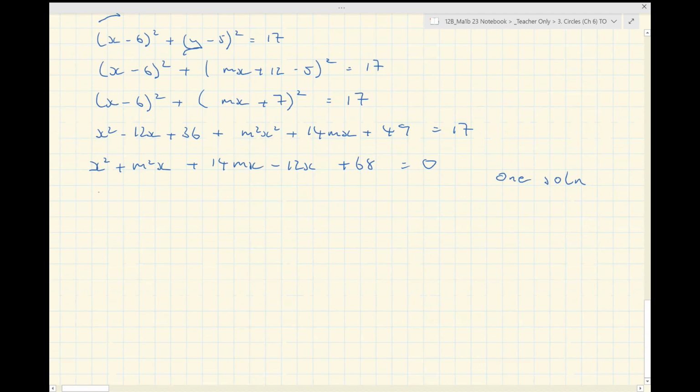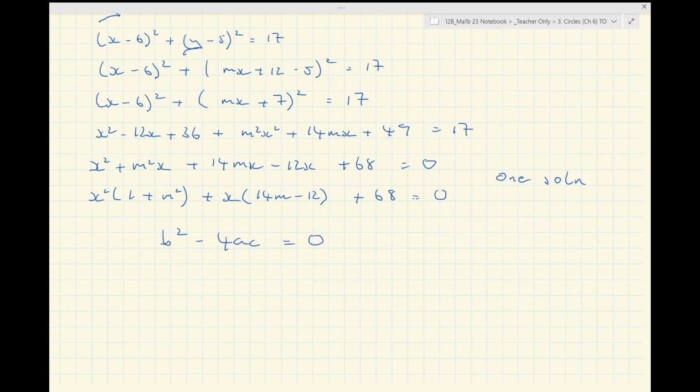So here I have got x squared, lots of 1 plus m squared. x's, I've got 14m minus 12 of those, and my last term in the quadratic equation is 68. I want there to only be one solution, which means that b squared minus 4ac has to equal 0. And when I set up that equation and solve it, I will find the values of m which mean that there is only one solution to that equation.